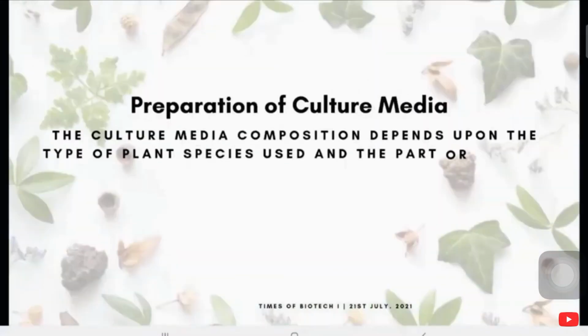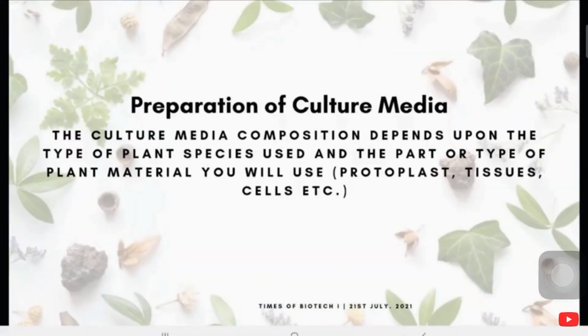Now, let's see how we prepare this culture medium. The preparation will depend upon the type of plant tissue culture we are performing, which species of plant we have utilized, and even the part of the plant.